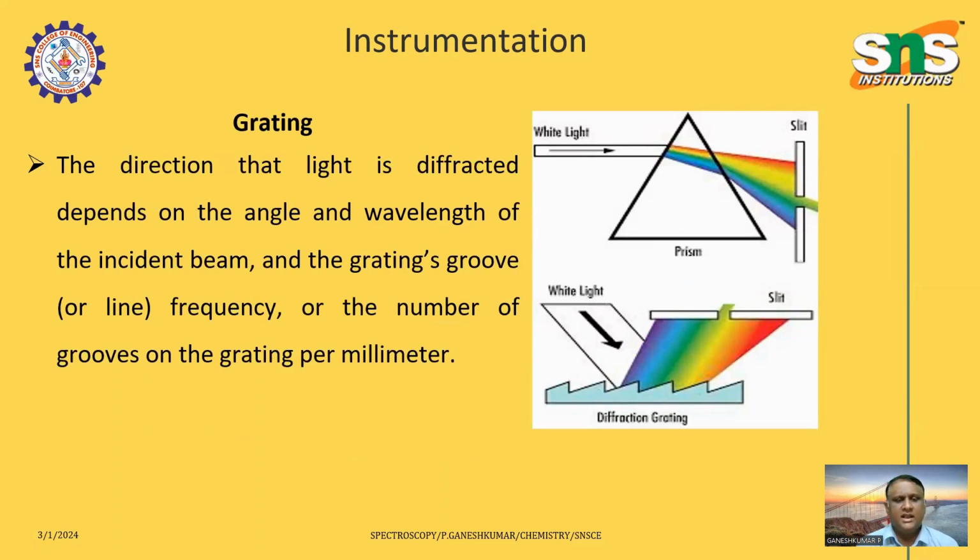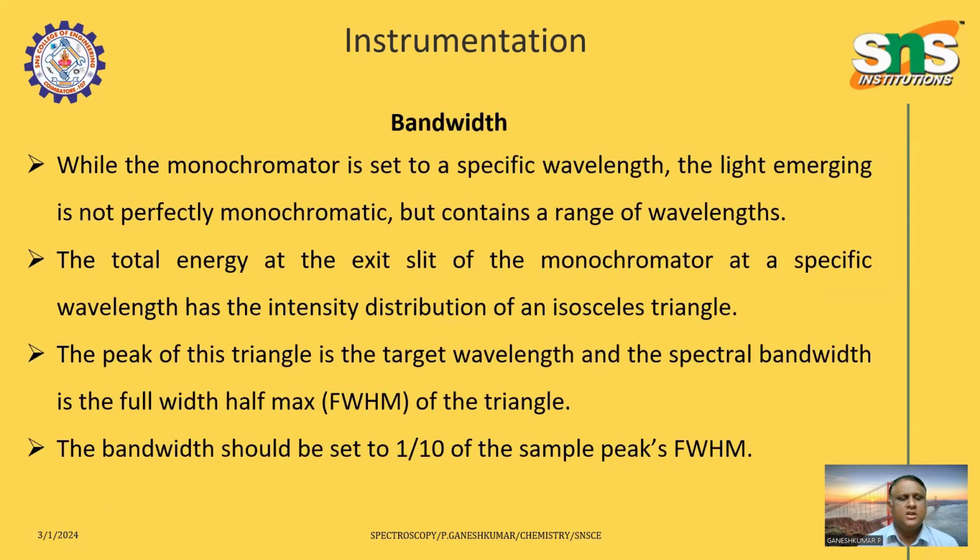The direction in which the light gets diffracted depends upon the angle and the wavelength of the incident beam, and the grating's groove frequency, or the number of grooves on the grating per millimeter. So while selecting a monochromatic light, we have to set a specific wavelength.